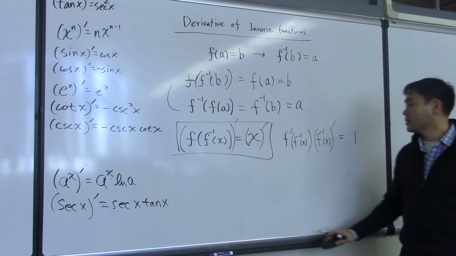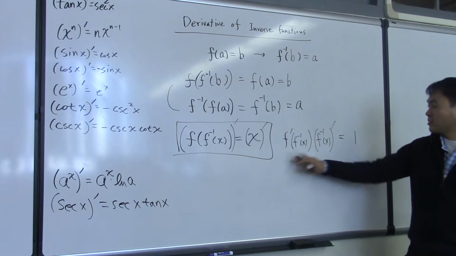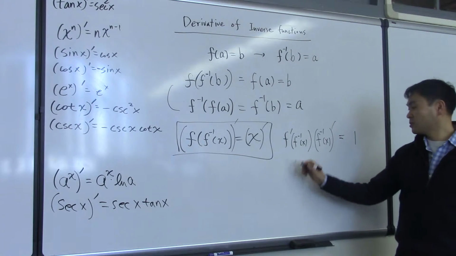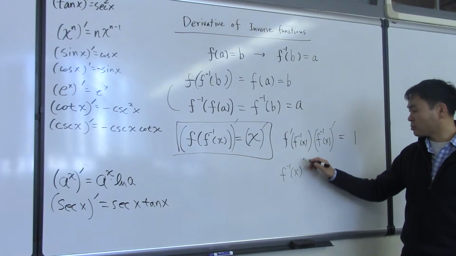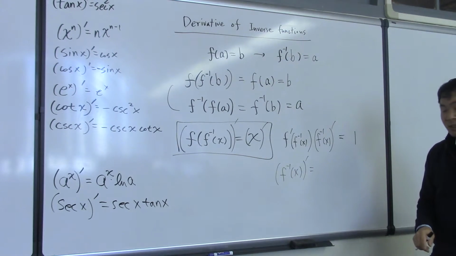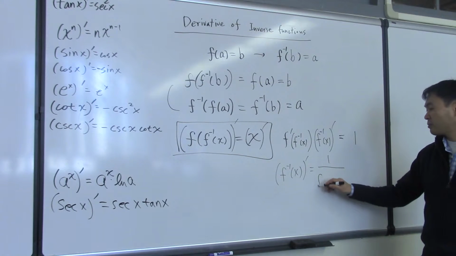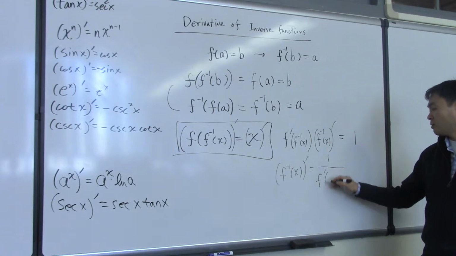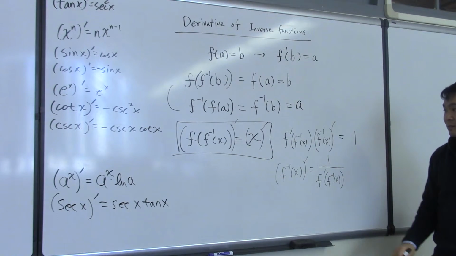Then we can see this as a formula for f inverse prime. So the important outcome is that if you have f inverse of x and you differentiate it, that's the same as 1 over f prime of f inverse of x plugged in.